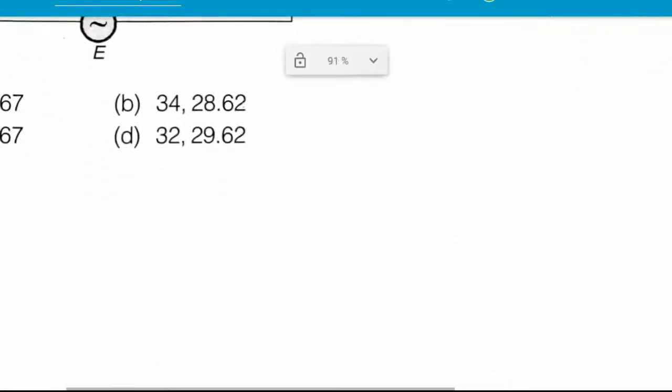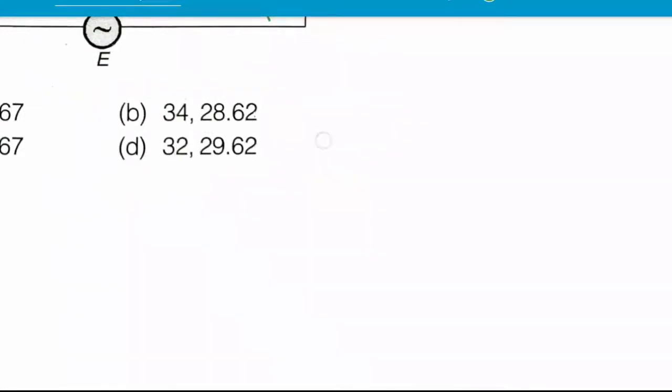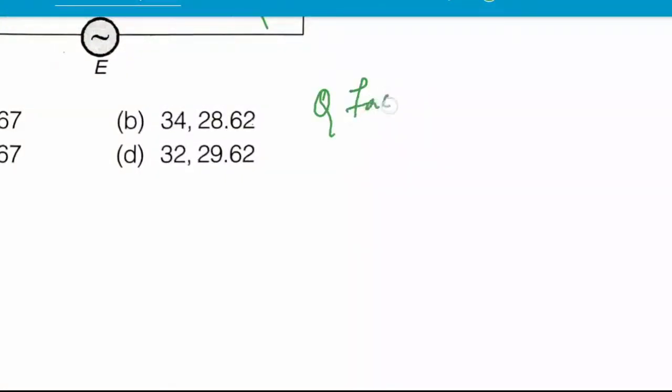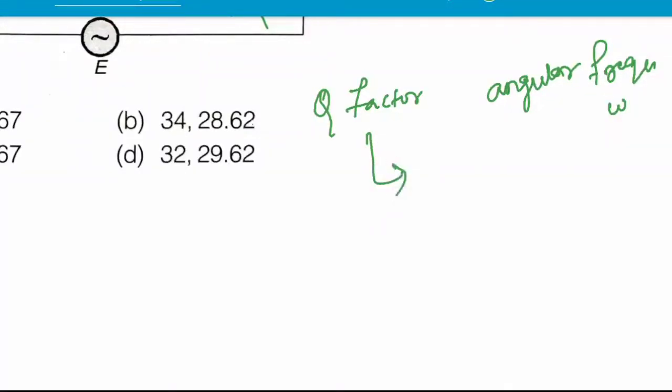And here I have to mention more things. If it is asked for Q factor with angular frequency omega, then Q factor will be omega L1 by R1 or omega C4 R4.